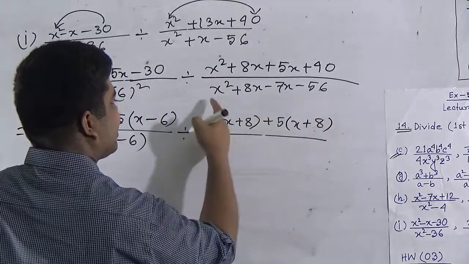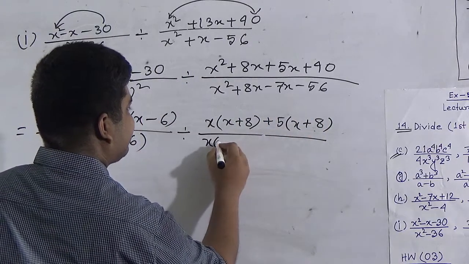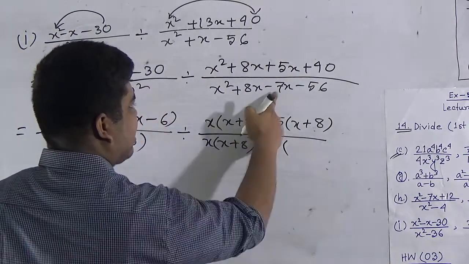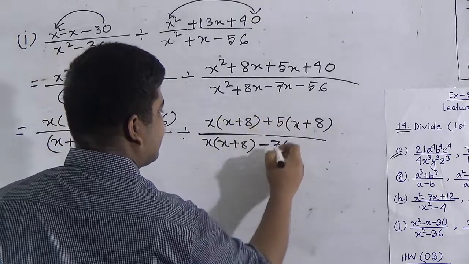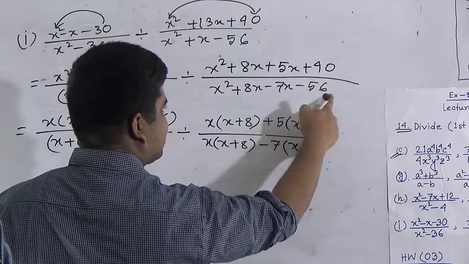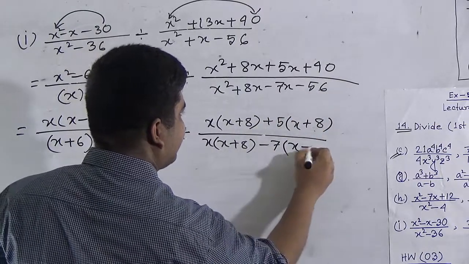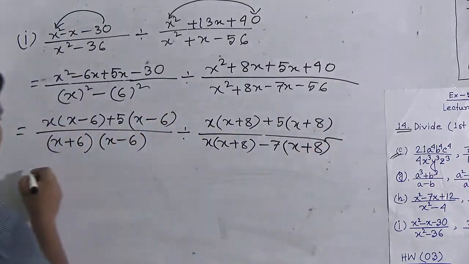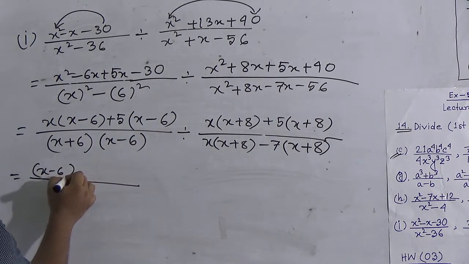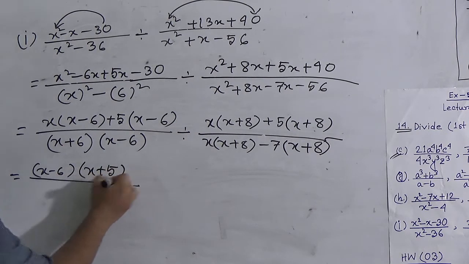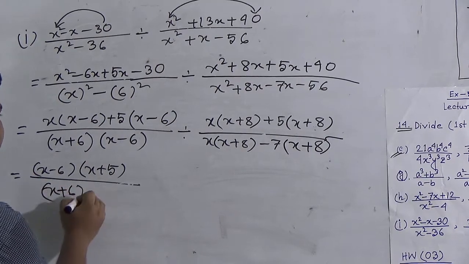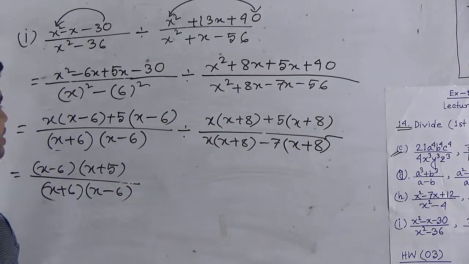And from this expression x is common, left x plus 8, and from this expression minus 7 is common. If we divide minus 7x by minus 7 we get x. If we divide minus 56 by minus 7 then we get plus 8. Now from this whole expression x plus 8 is common and left x plus 5, and the denominator will be the same, x plus 6 x minus 6.